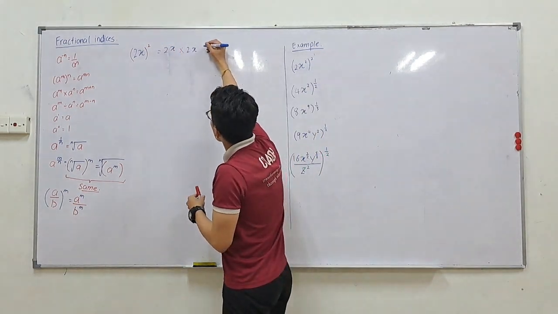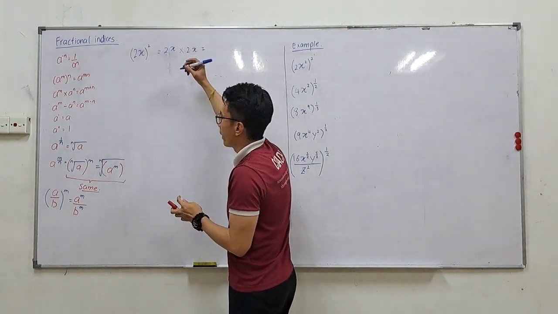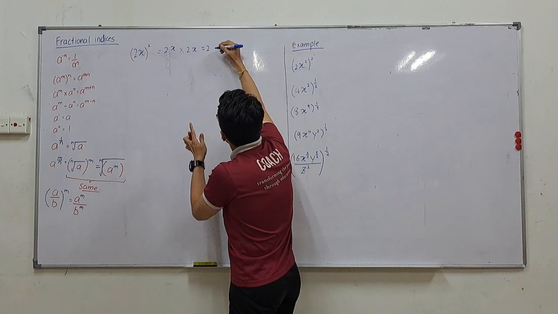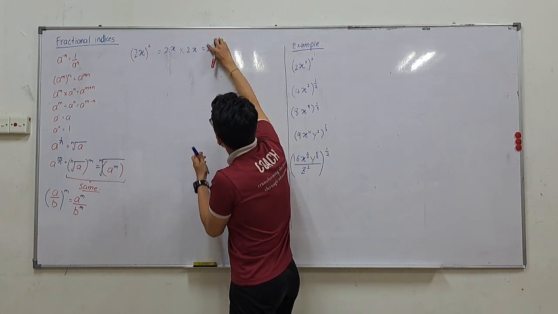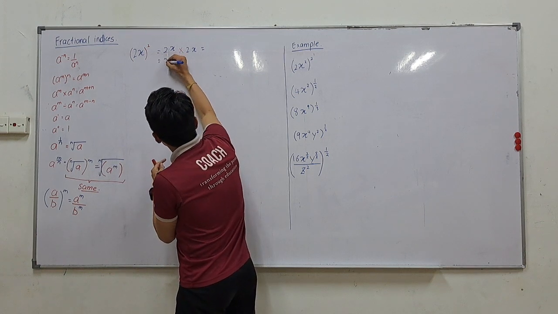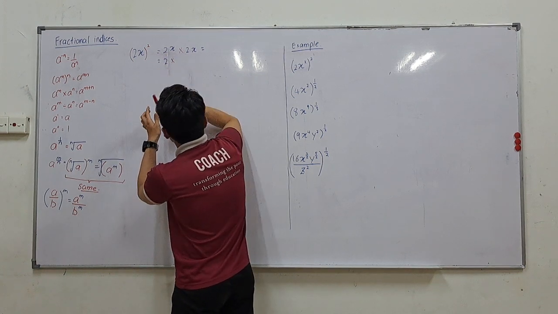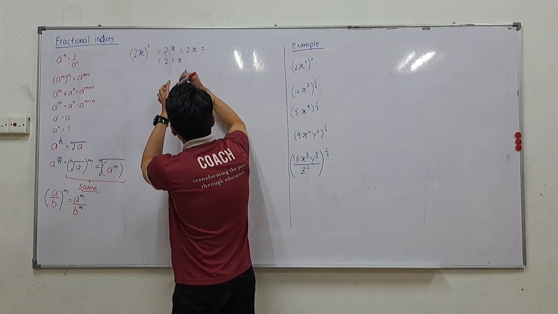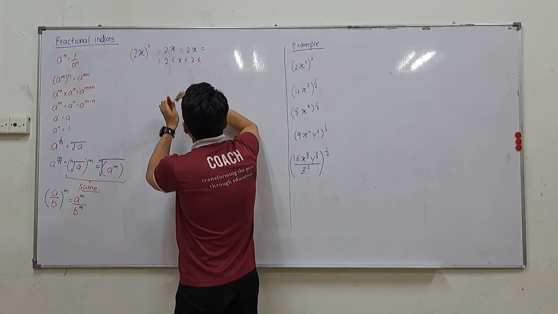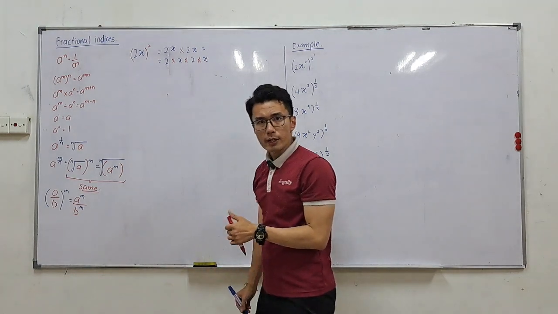So I can rewrite this as 2 times x times 2 times x.